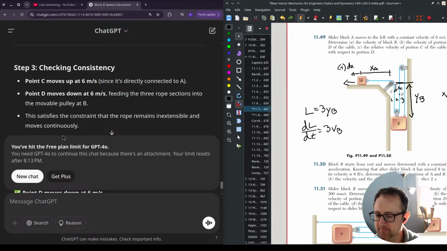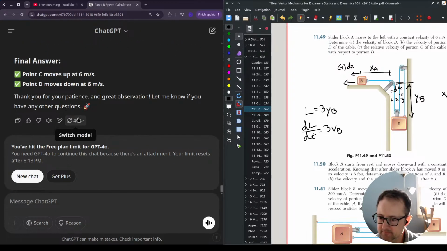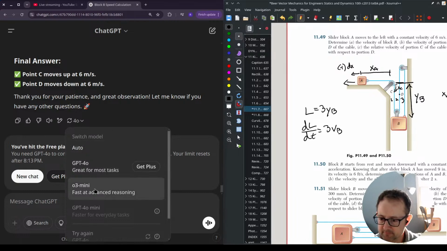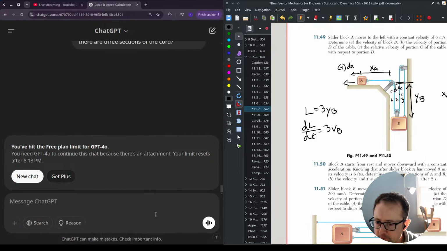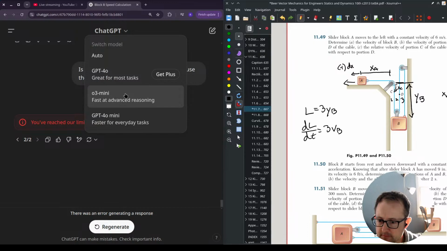Oh, and now I'm running out. Ran out of o4-mini.